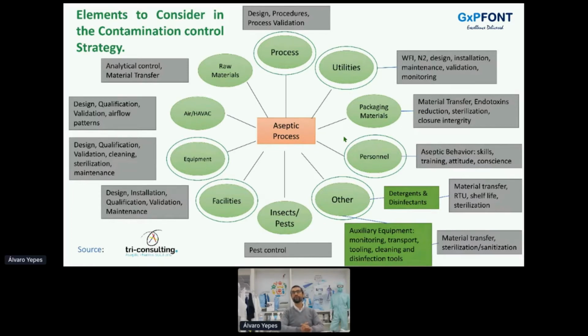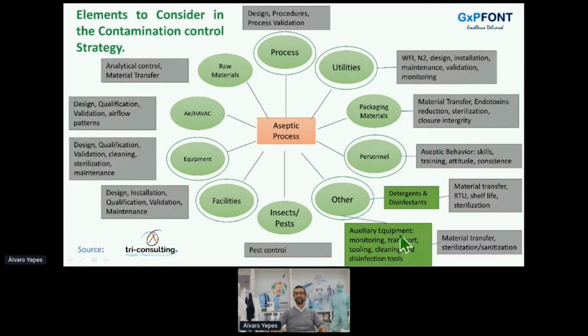And when we think of holistic analysis, it's, for example, saying: I do have a gowning and personal hygiene protocol that has some gaps, and we are aware that there may be some gaps in there. So how does my air system impact that? Is it capable of handling the extra contamination load?